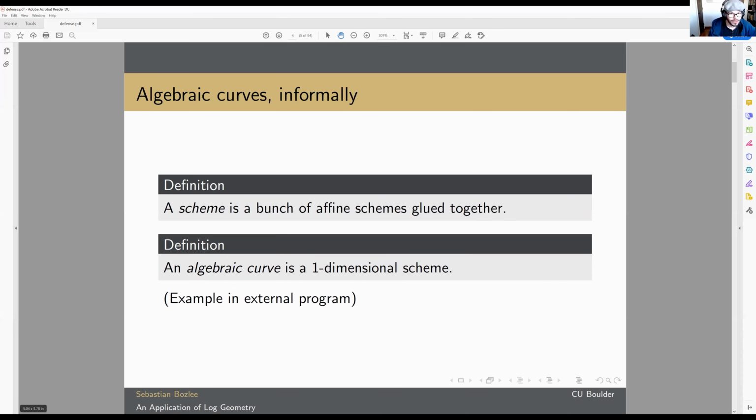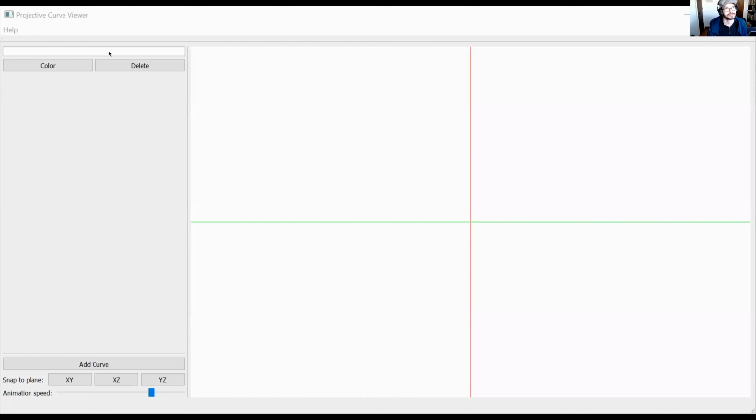using a program. Let me make sure I'm sharing the right screen. Yeah, so this is a program that I wrote myself. It's available on my website. And it's something I wrote when I was sort of getting used to how projective space worked and how we can use that for algebraic curves.